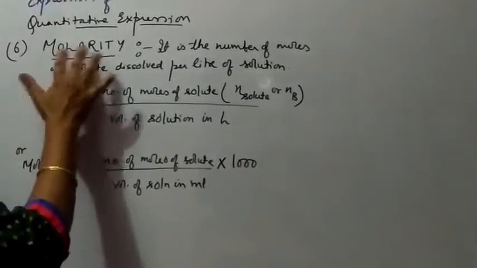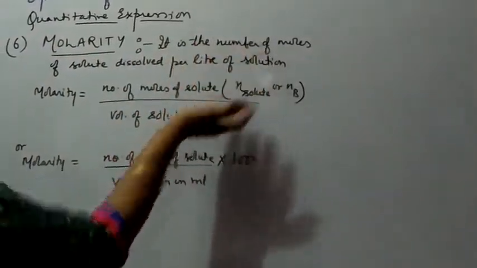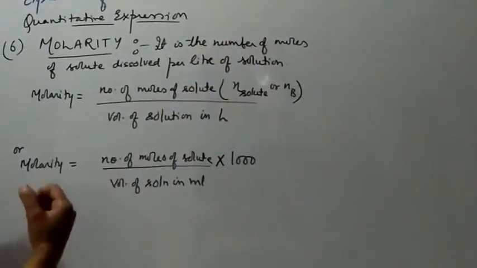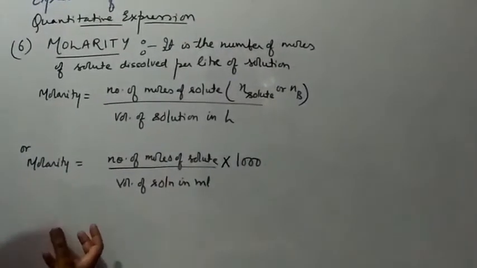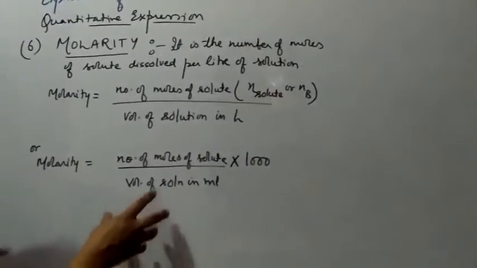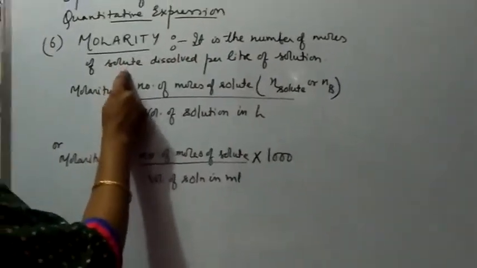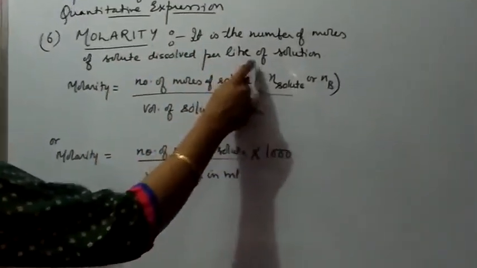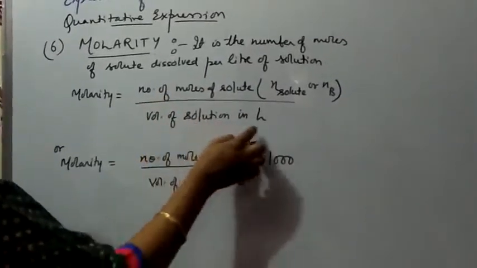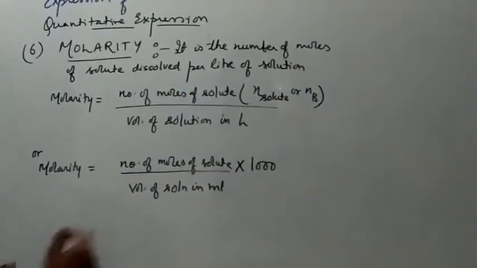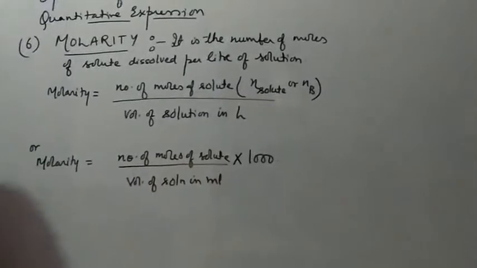So what is the molarity? Molarity is the number of moles. Here the amount of solute is measured in terms of number of moles. So how many moles are dissolved per liter of solution, right? The solution quantity is how much? It is 1 liter or 1000 ml.